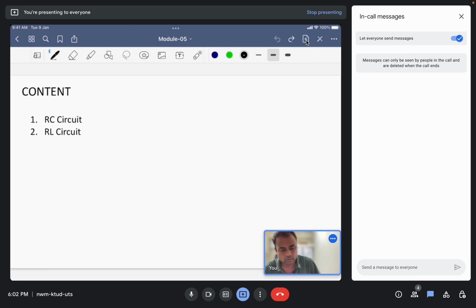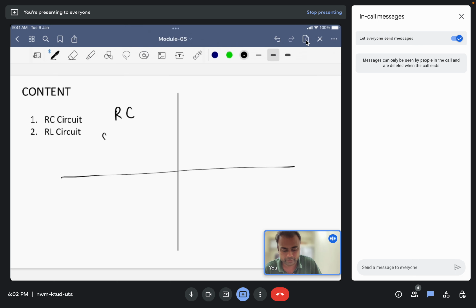We can classify today's topic in 4 groups. First of all, we'll see some RC circuits. Those are self-excited RC circuits, that is, there will be no external source applied. That is a simple RC circuit connected in series.